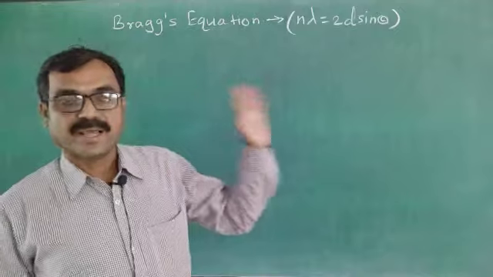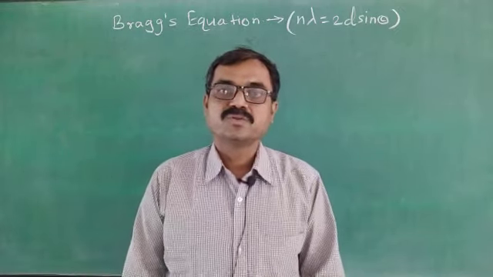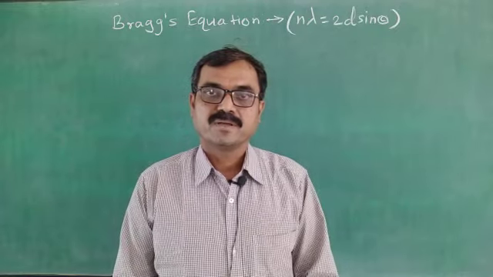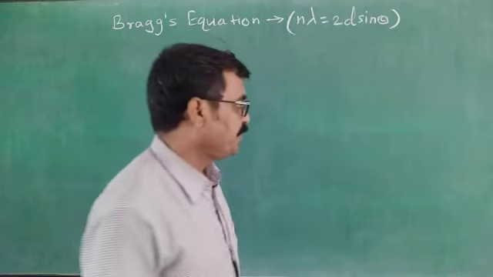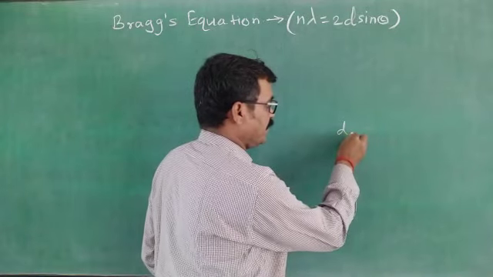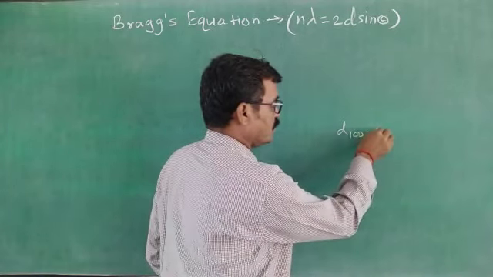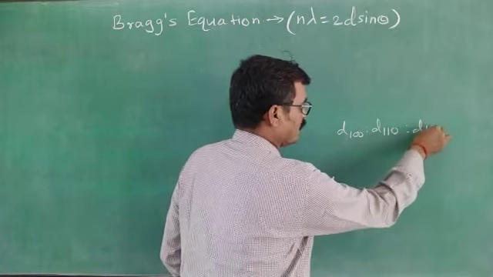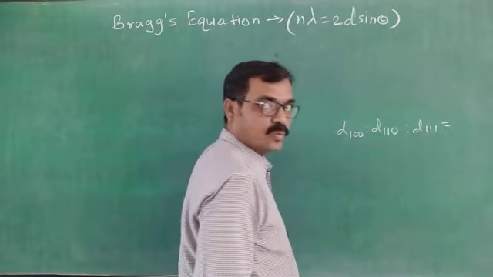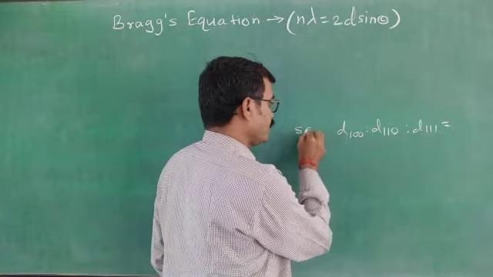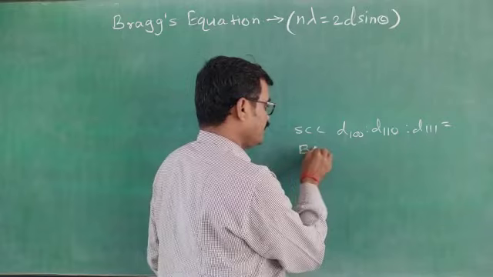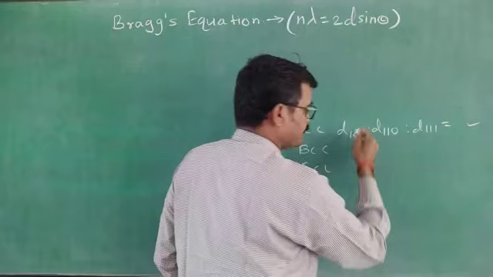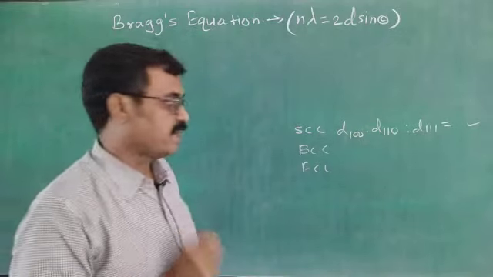This Bragg's equation is useful for the determination of crystal structure, because if the ratio of the distance between 100, 110 and 111 planes is known to you, you know this ratio for SCC, for BCC and for FCC. These are the standard values.